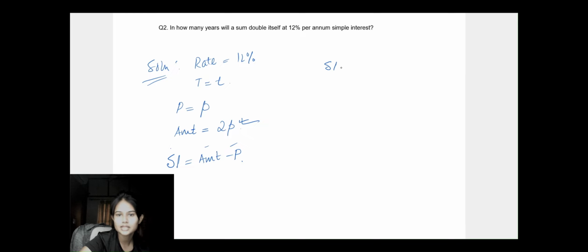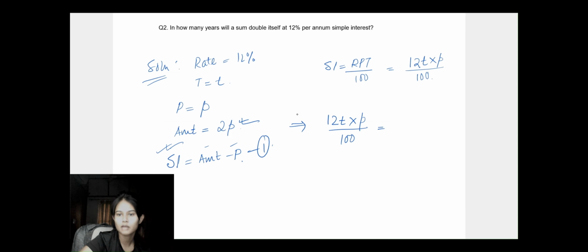So if SI equals amount minus P, then SI is PRT by 100, that is 12T into P divided by 100. Now if I use this formula, then what I am getting, SI is 12T into P divided by 100 equals amount minus P. What is amount?